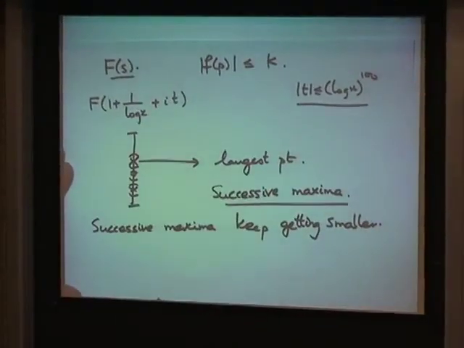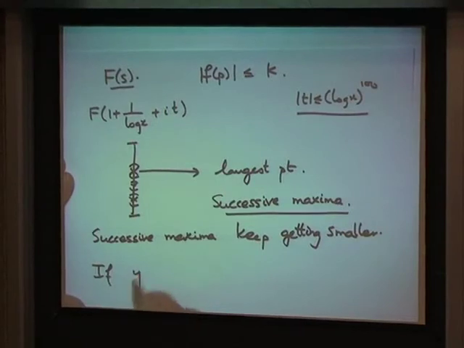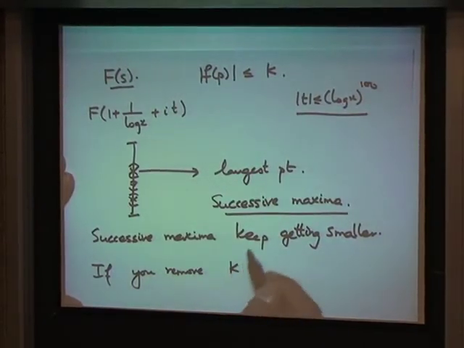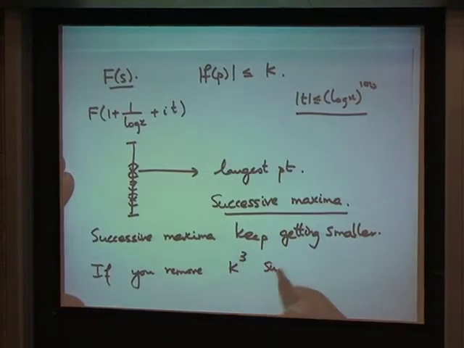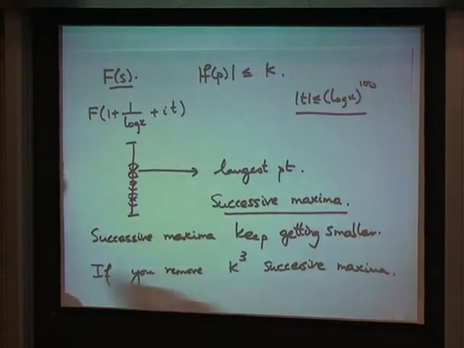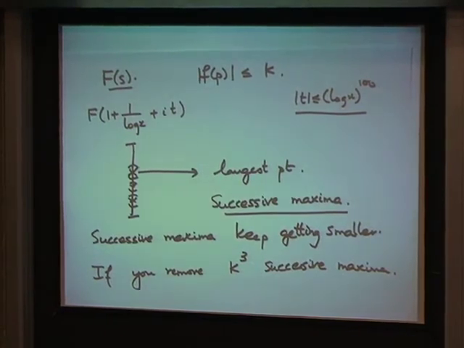And if you take away a constant number of them, like if you remove something like k squared or k cubed successive maxima, then you basically have figured out everything you want to know about your function f. You've isolated all the points where it's large, and whatever is left over is going to be uniformly small on the whole interval.